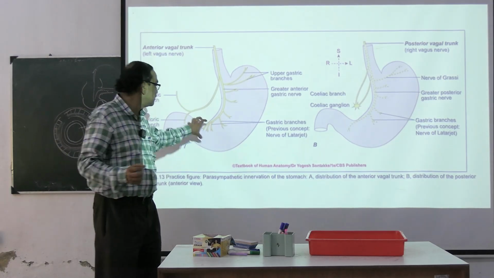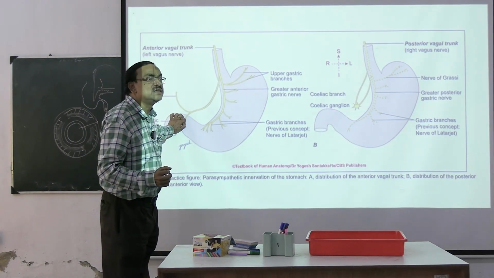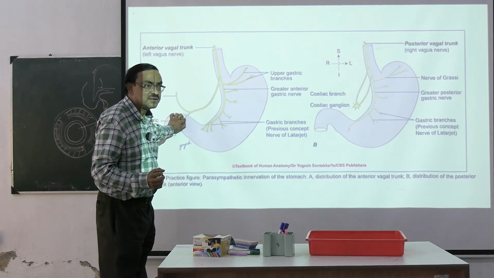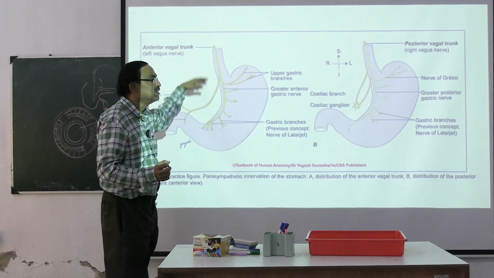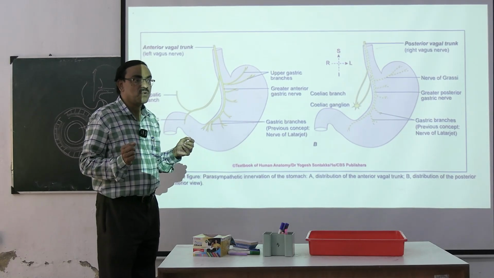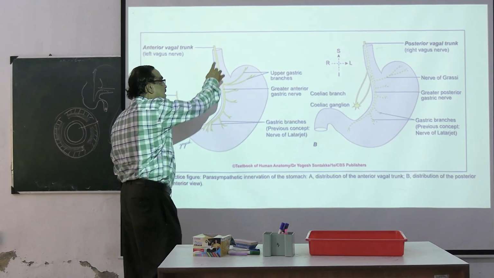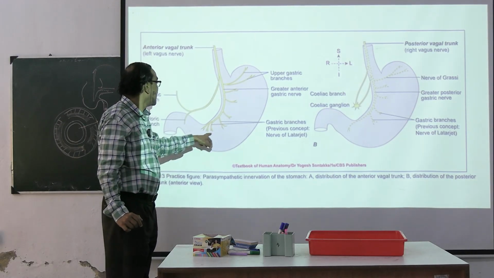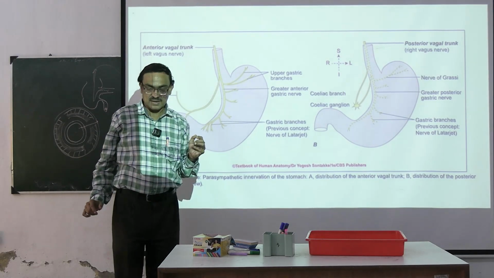If there is constriction of the pyloric sphincter, it will delay the gastric emptying time, so there will be enough time for digestion. Whereas the parasympathetic supply is nothing but the anterior and the posterior vagal trunks.